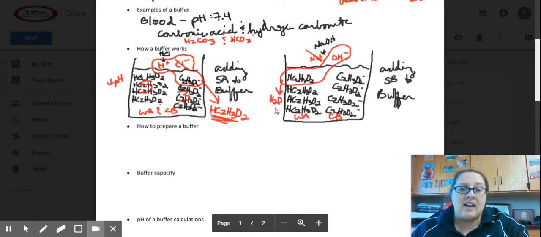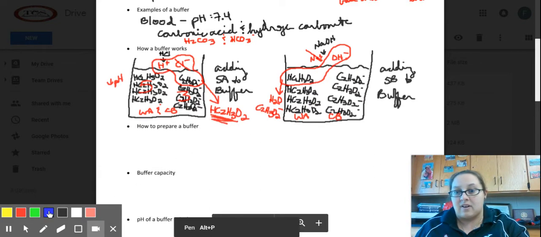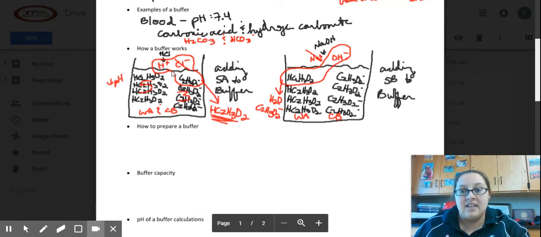And what I have in addition to water is C2H3O2 minus. Just like before, remember how we said that these have reacted, so they're not in the solution anymore. I've produced this. Same thing here. This is no longer in the solution. What I've produced instead is water and C2H3O2 minus.